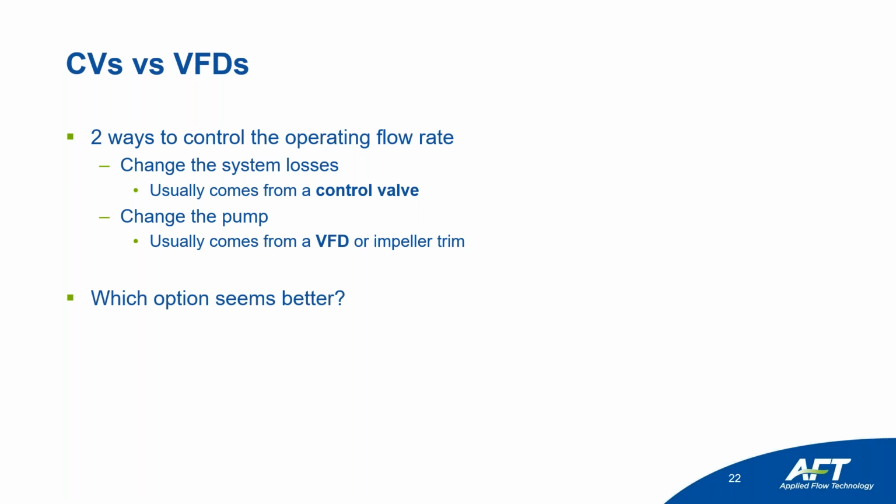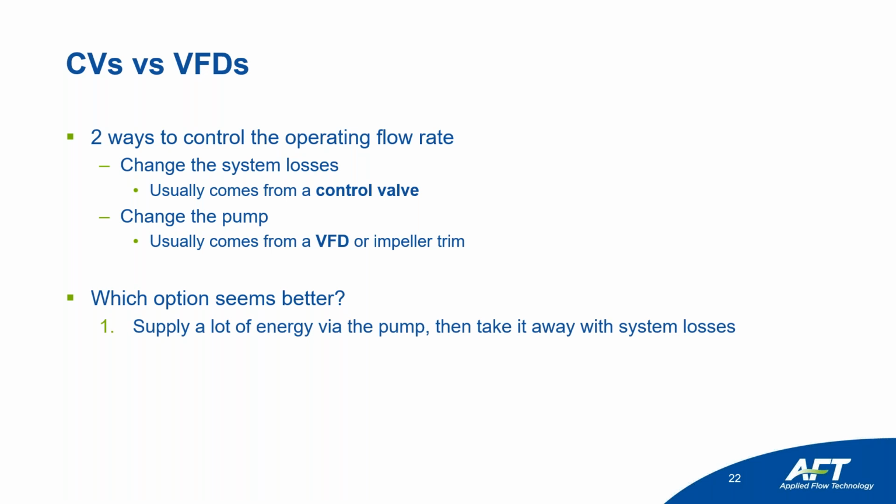Which option seems better? If all you knew was you can either change the system loss to be higher or lower to meet a flow rate, or you can just change how the pump is operating to get there, what seems better? Supply a lot of energy via the pump and then take it away with system losses by a control valve, or only supply the needed energy to begin with.